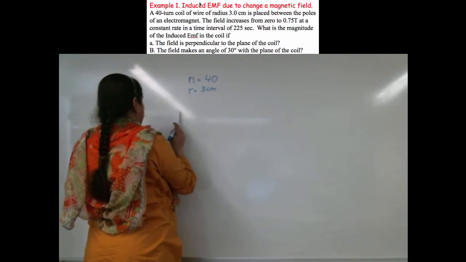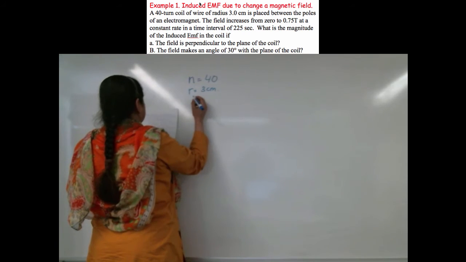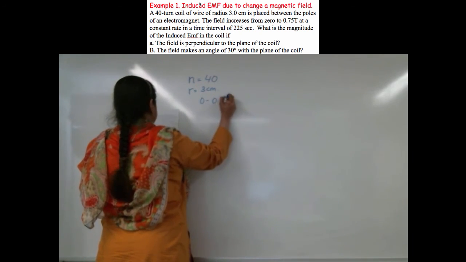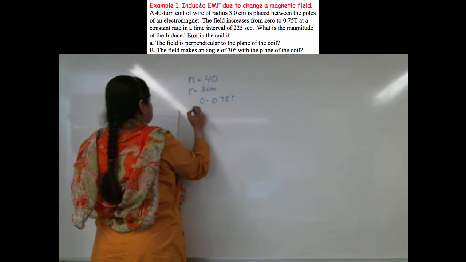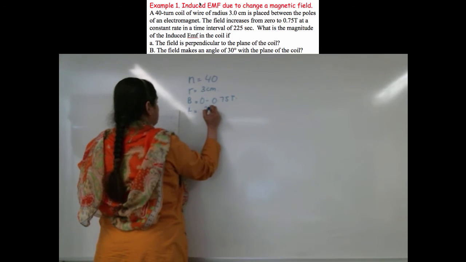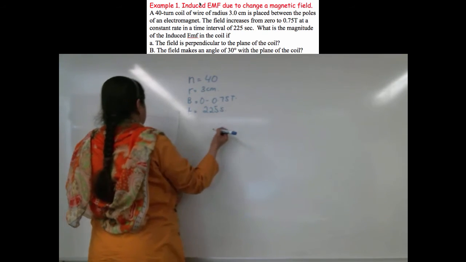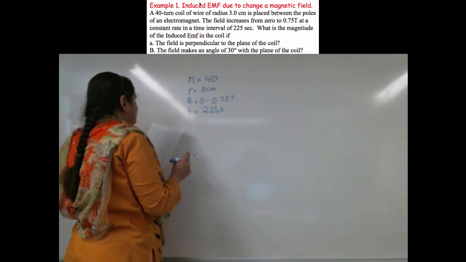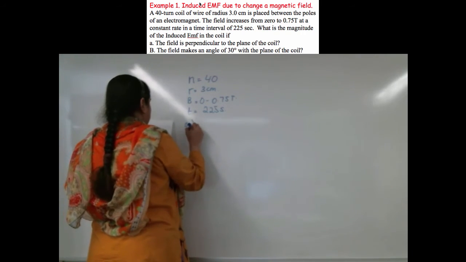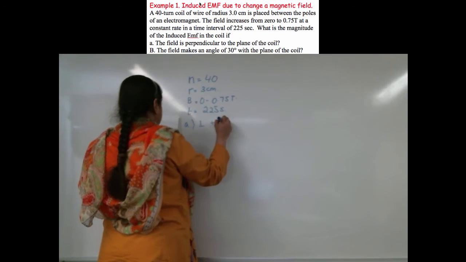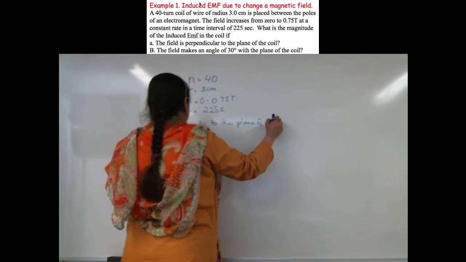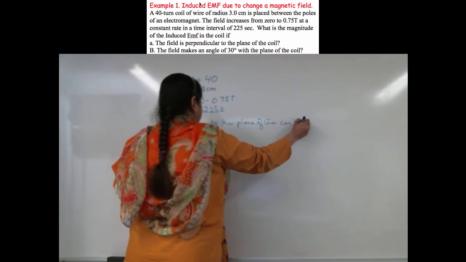The field increases from 0 to 0.75 Tesla at a constant rate in 225 seconds. What is the magnitude of the induced EMF if the field is held perpendicular to the plane of the coil?